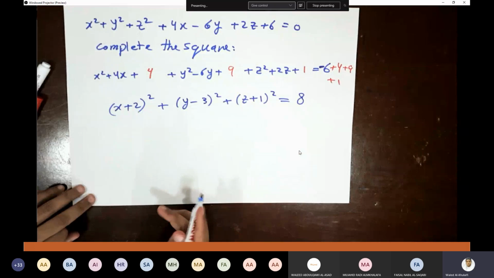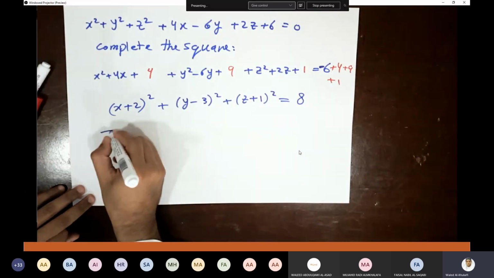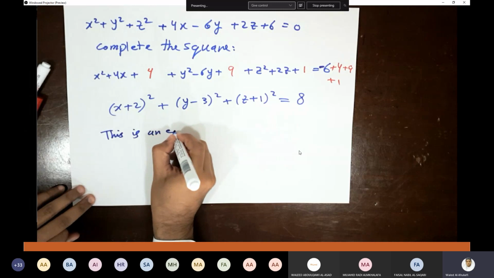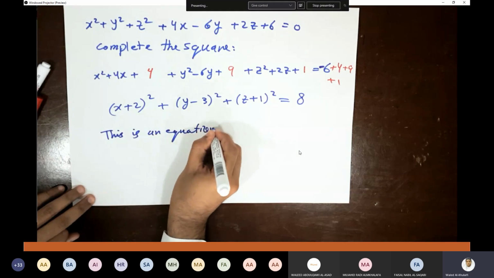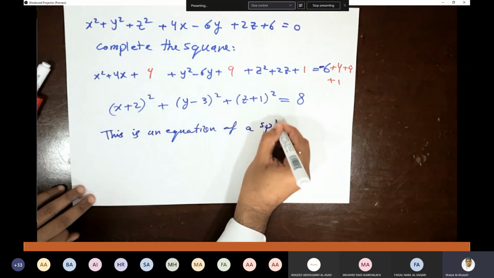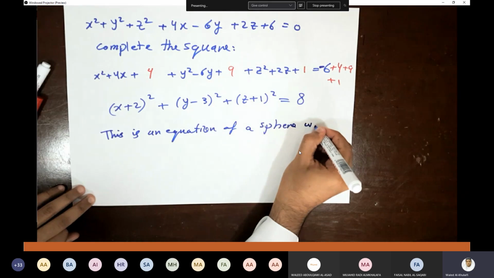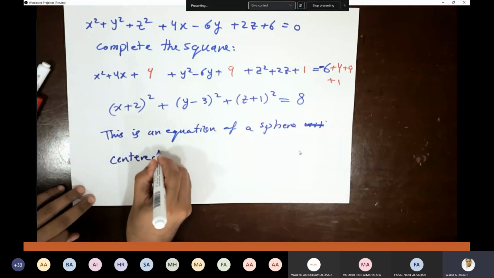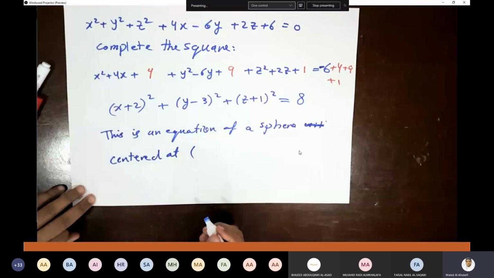Right? Now, this is an equation of a sphere with center at, okay, who is going to give me the center, guys? Anyone, raise your hand?